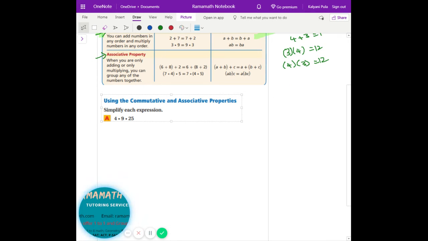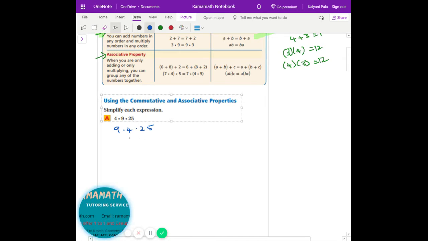Now let's look into an example on this one. Using the commutative and associative properties, simplify the following expression. When you have 4 times 9 times 25, right now you can use the commutative property. It really doesn't matter which order you multiply, as long as you multiply them correctly, you get the correct answer. Let's say I put 9 times 4 times 25.